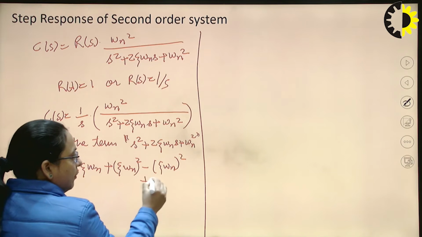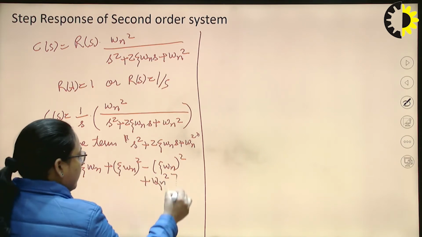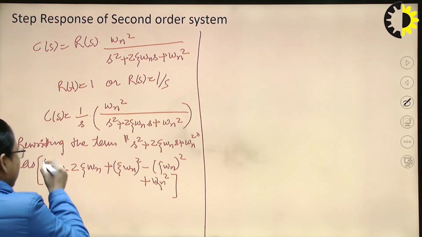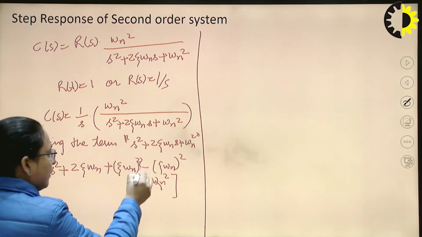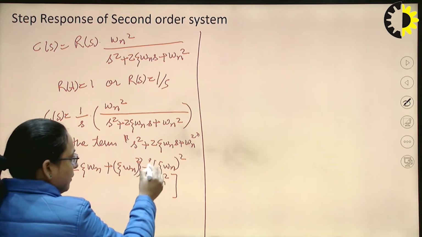What is left here? Plus omega n square, okay. So we can take this term as one term and this term as another term.